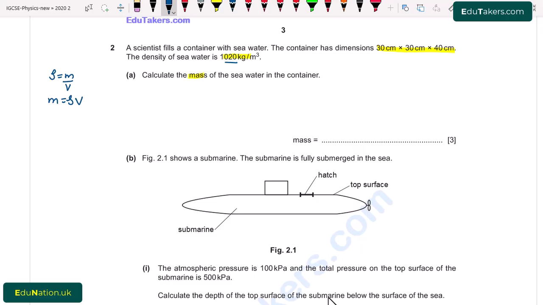The standard unit of length is meter, and that's why the standard unit of volume is cubic meter. So first of all we have to convert centimeter into meter, and for that we do 30 divided by 100 multiplied by 30 divided by 100 multiplied by 40 divided by 100, and then the volume comes to be in meter cube.